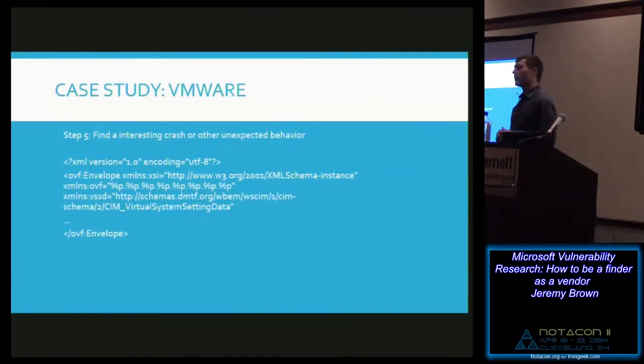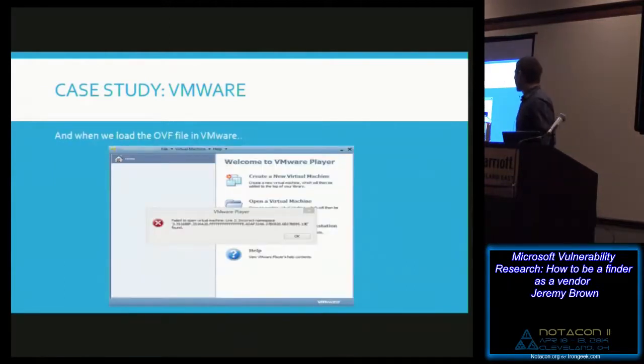Now, at the time, the fuzzer might have changed it to %n, which would more than likely cause a crash if it was trying to do that. But %p, for this example, gives us a nice failed open virtual machine with a bunch of pointers on the stack, perhaps. So you can see there's a format string vulnerability.